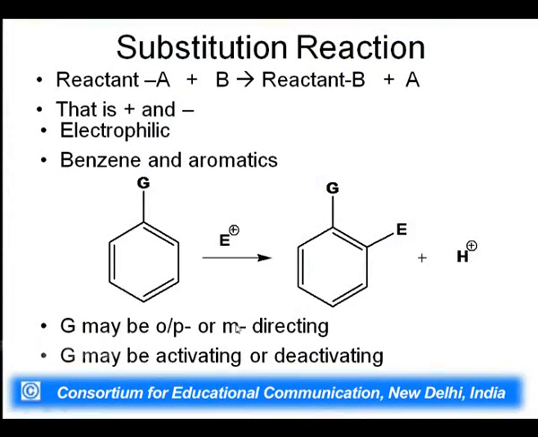So the two things given by G are whether the E will be present at ortho and para or at the meta position, and whether the reaction will go faster than simple benzene, which is activating, or slower than benzene, which is called a deactivating group. So these are the substitution reactions.